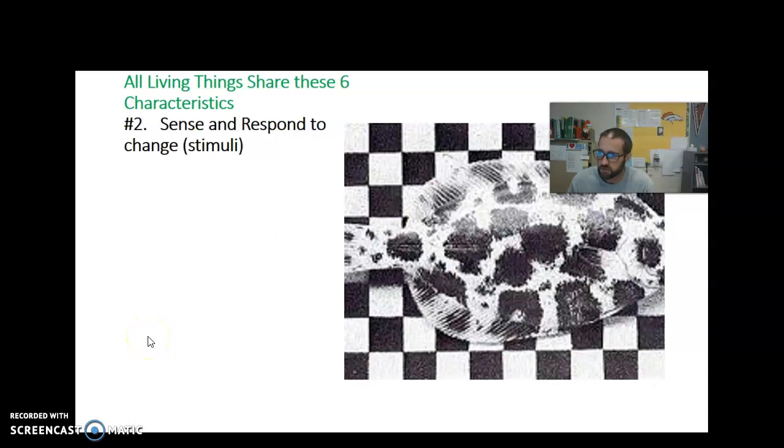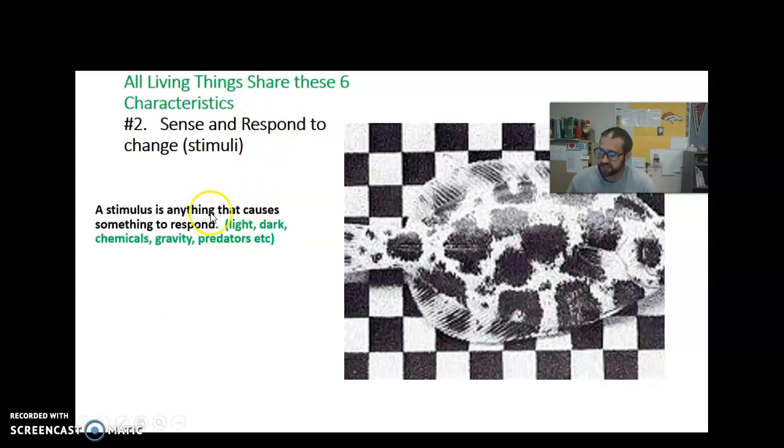Number 2 on our list is sense and respond to change. So whether you're a bacteria living in mud and you swim down deeper into the mud because it's too hot, or you are a wildebeest running away from lions or cheetahs, you're responding to changes in your environment, which are called stimuli.